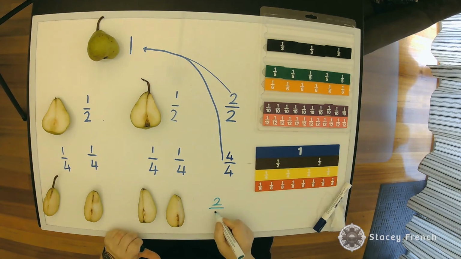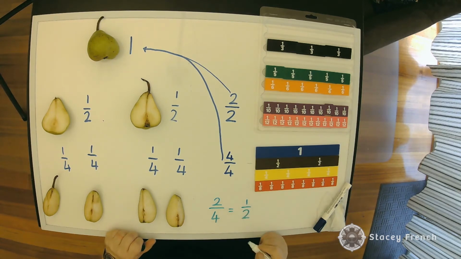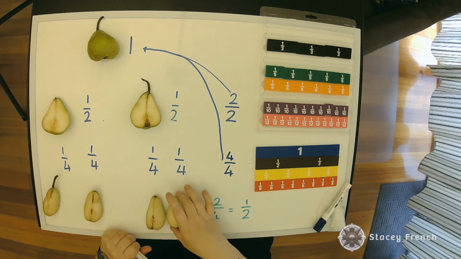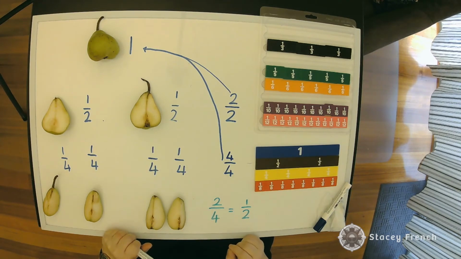2 quarters, 2 out of 4 altogether, is the same size as 1 out of 2 altogether. They're equivalent fractions. They're the same size. It's just what you might prefer to eat. I might want to eat my pear very slowly and have it cut in smaller pieces, rather than just having a half and going munch, munch, munch.